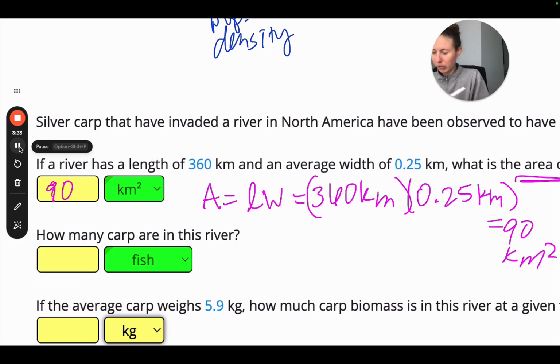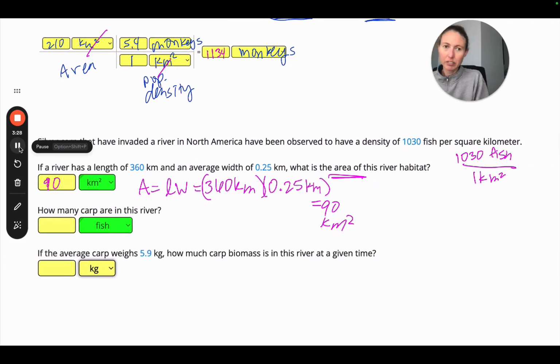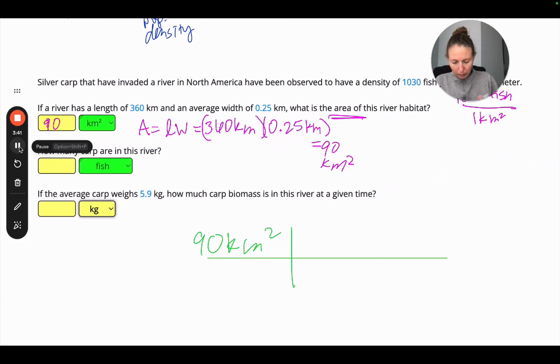So remember we wrote down already the population density of the fish, so you can use that again. Just like we did in the other problem, if it gives us an area, which we have now, 90 square kilometers, we can set up our own little unit analysis problem where we have 1 kilometer squared on the bottom and 1,030 fish on the top, because when we set it up like that, our kilometers squared will cancel each other out and we'll just be left with fish.